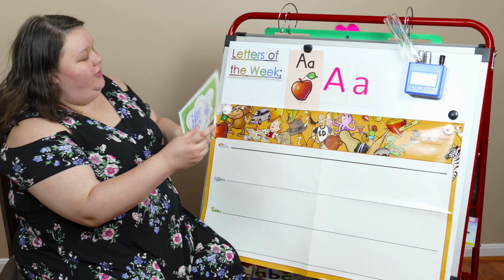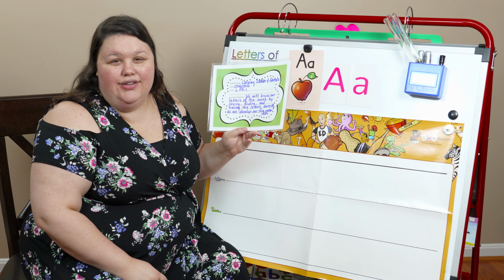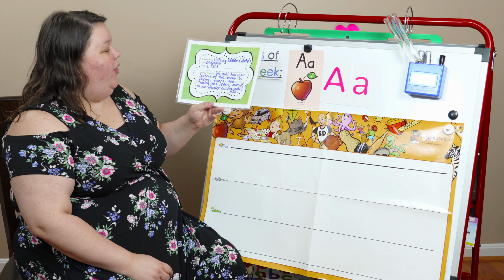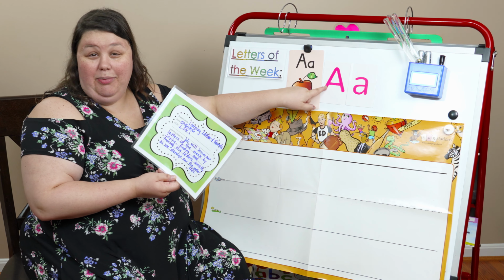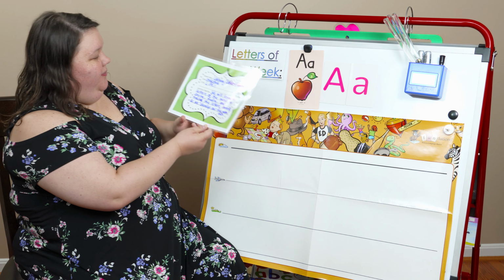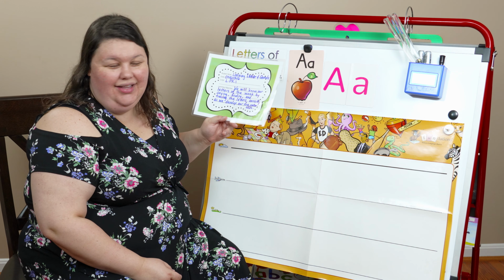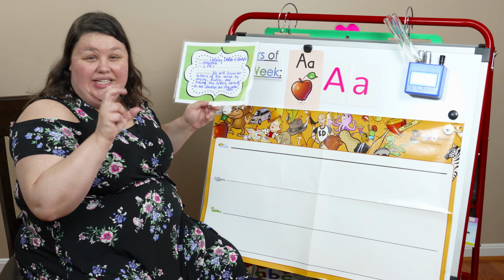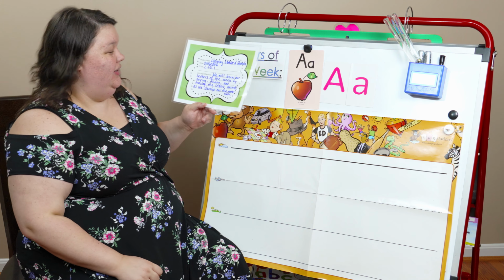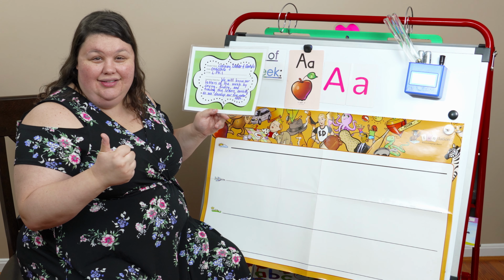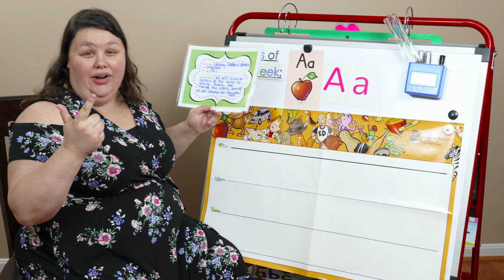Let's go over our objective. We're learning letters and sounds. We will know our letters of the week, uppercase A and lowercase a, by saying, finding, and tracing them correctly as we develop our fine motor skills. So today we're going to say it, the letter and the sound. We're going to find it.